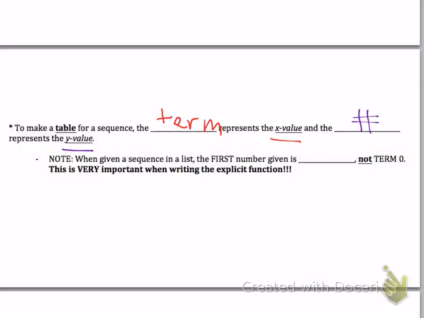So note, when given a sequence in a list, the first number given is term 1, not term 0. That's very important when writing the explicit function. You'll see that in just a little bit.